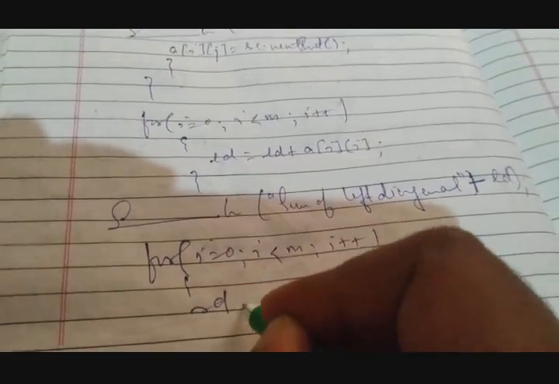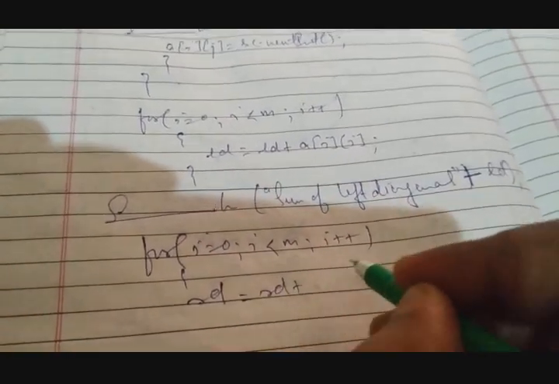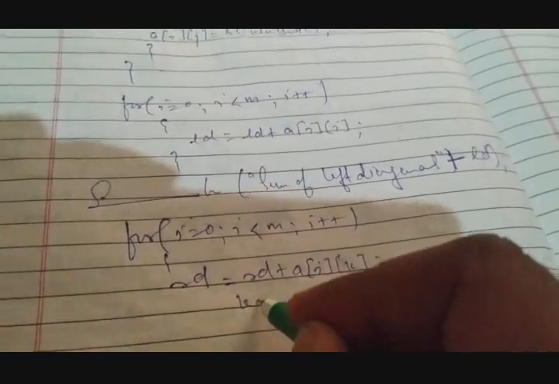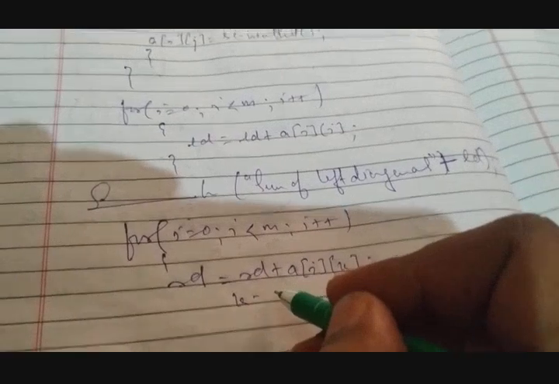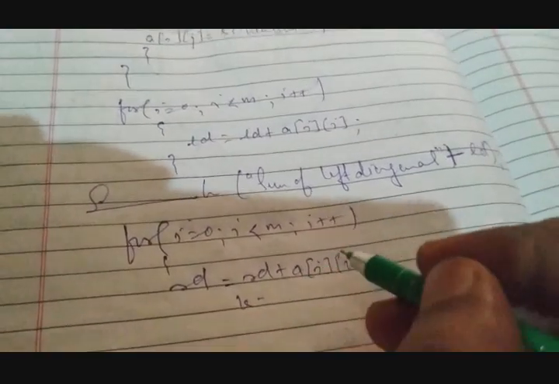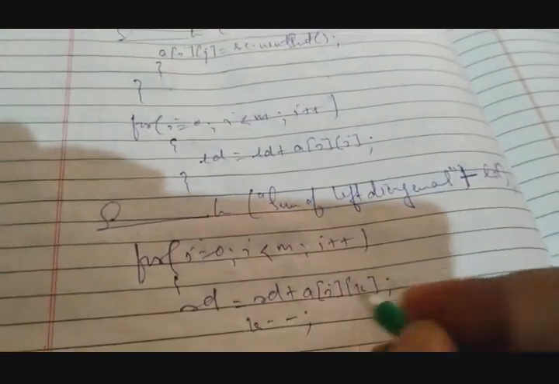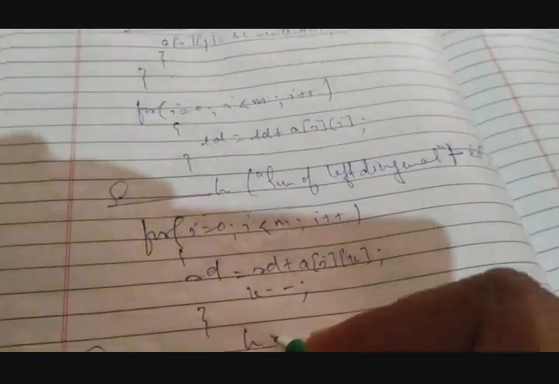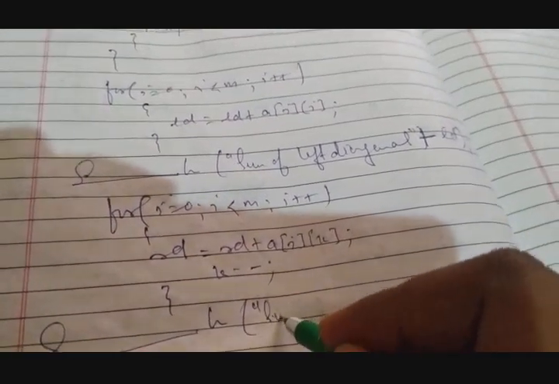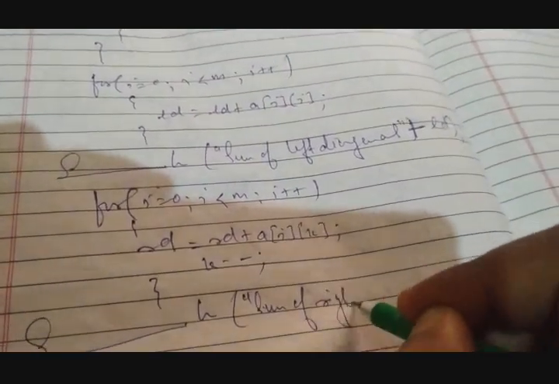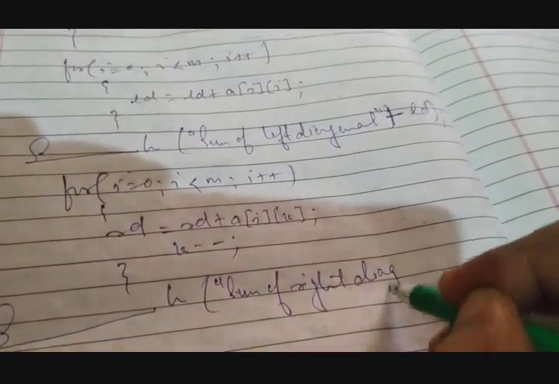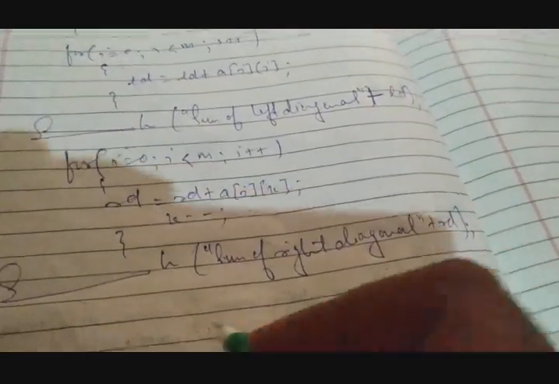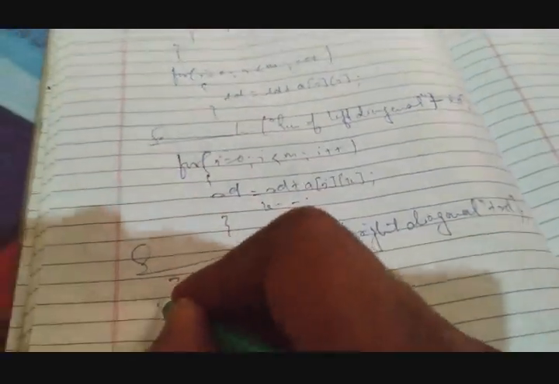So right diagonal equals right diagonal plus A of i k, and k minus minus, or k equals k minus 1, or k minus equals 1, whatever. We are decreasing it. So print sum of right diagonal plus RD. Close the main, close the class.